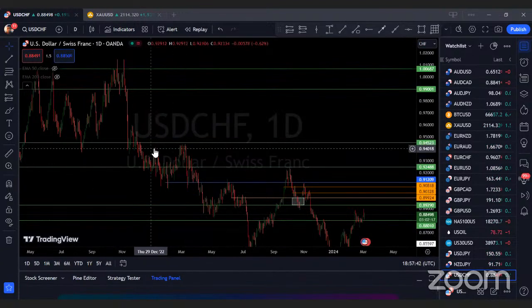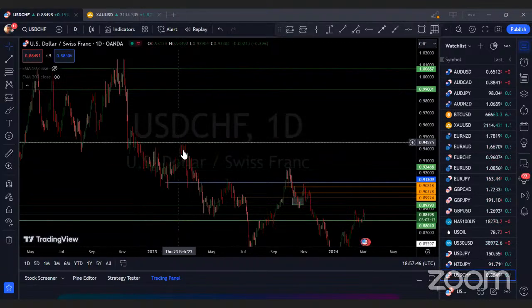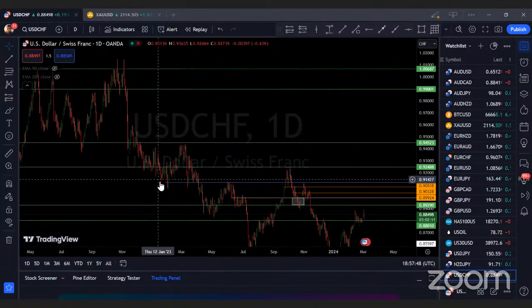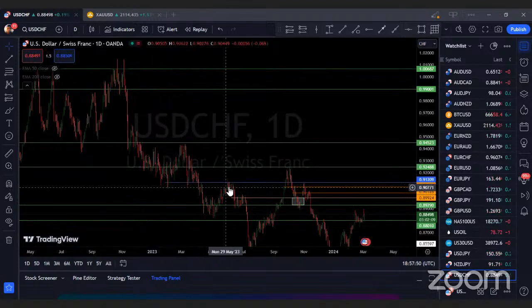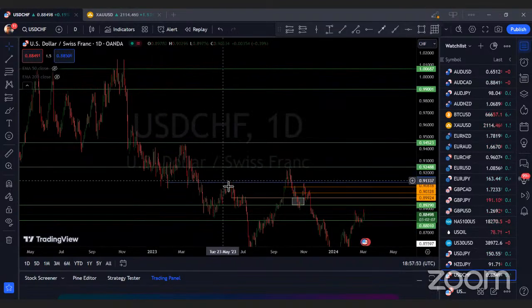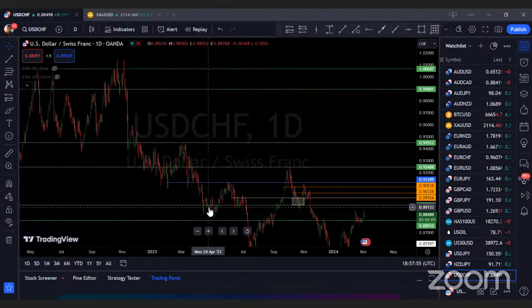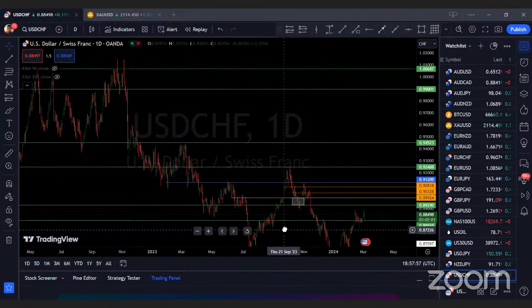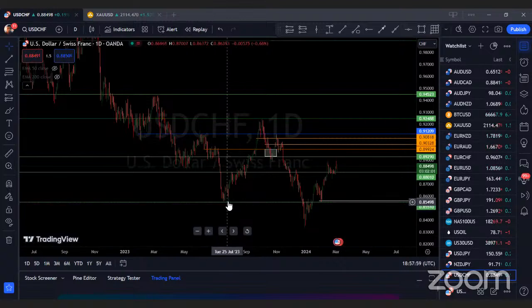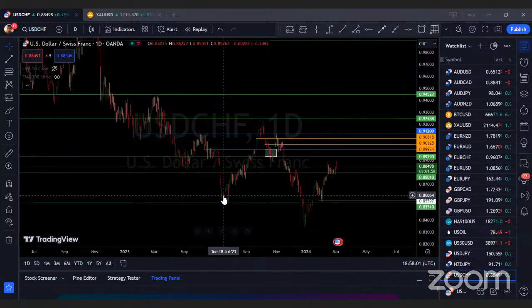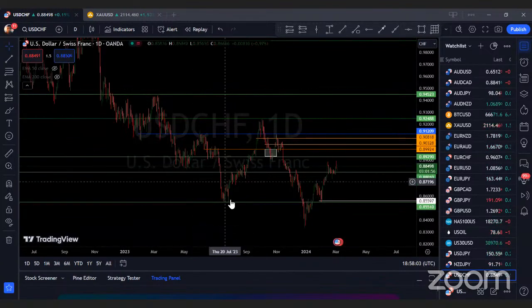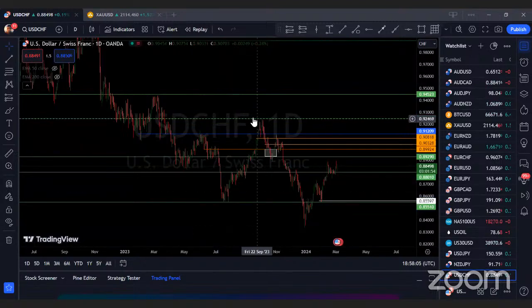Then bounced back to respect that area, and then created a zone, pushed to the downside, broke the new low, came back to test it, pushed to the downside, broke the new low, tested it, and then got to this particular base, being the lowest that it is creating. And from here, market went to the top to give us an extended M or double top pattern.